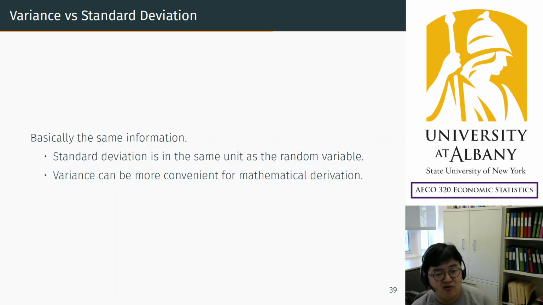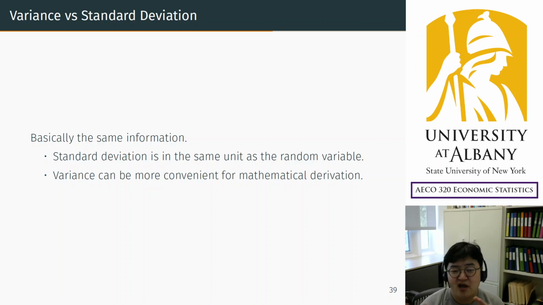Okay. However, then why do we study the variance? Variance is still widely used, more in theoretical use. Taking the square root is mathematically cumbersome. The square root does not have many nice properties.